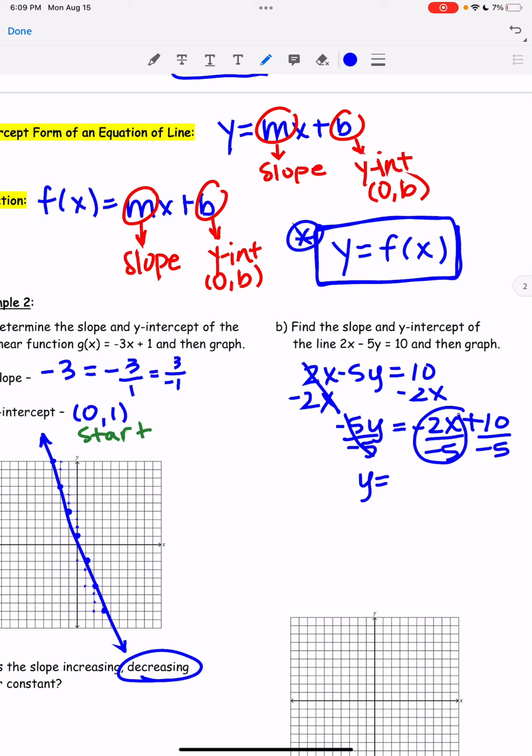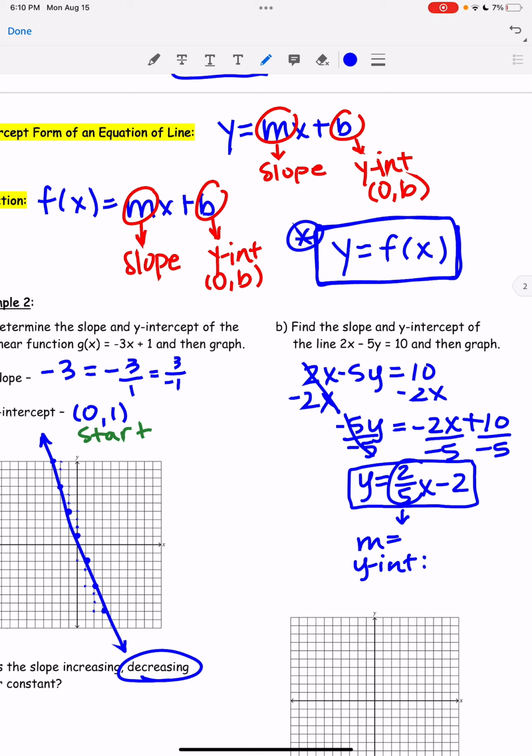So I've got -2x divided by -5. Negative over negative is positive. So I have 2/5 x. And then 10 divided by -5 is -2. So now that I have this in the form I need, I can say what my slope is and what my y-intercept is.